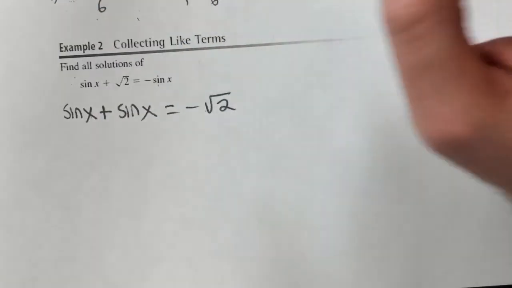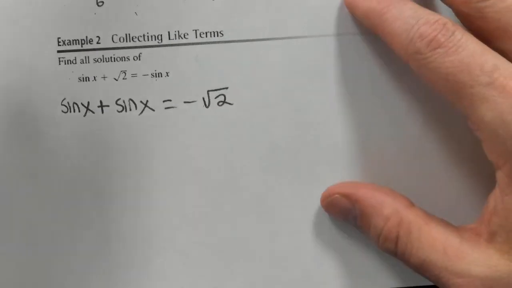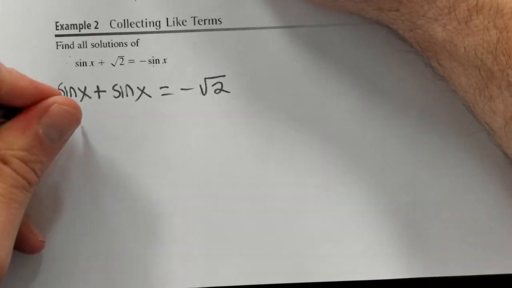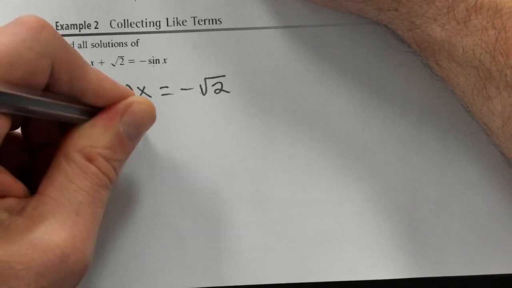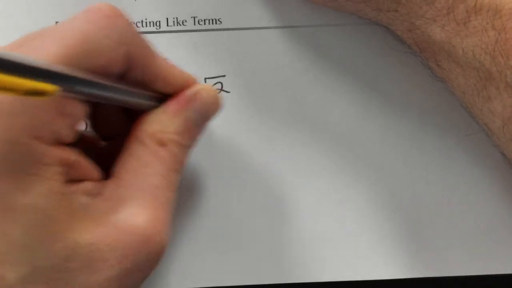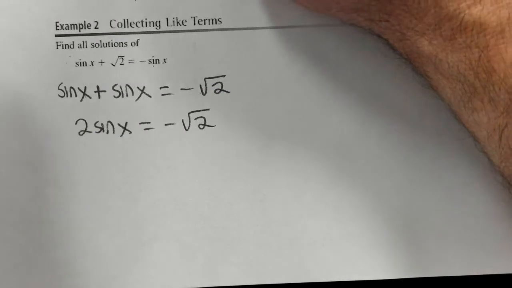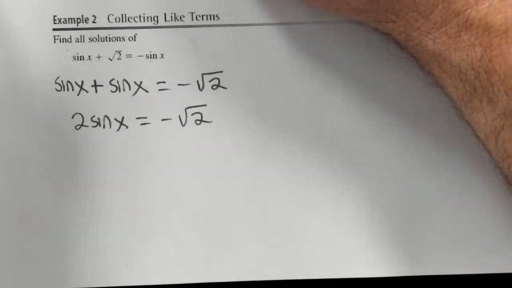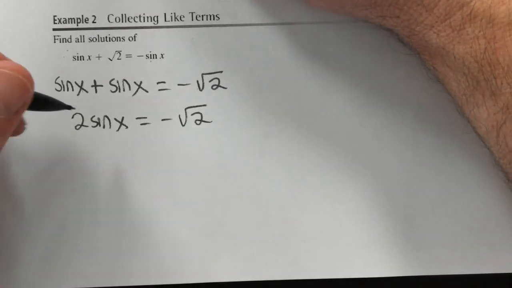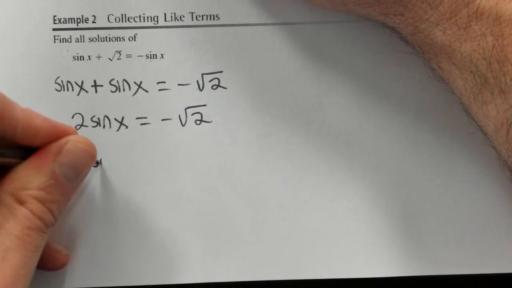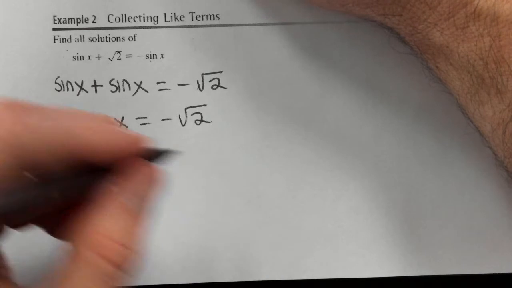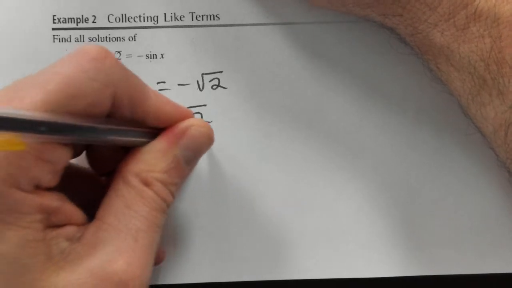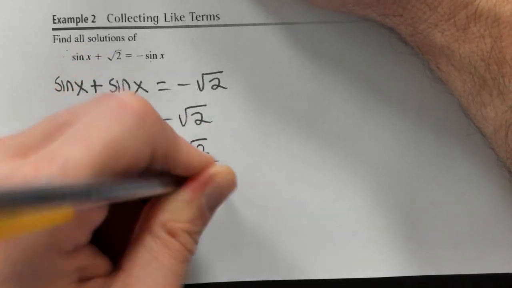All right? So from here, I can add those together and get 2 sine of x equals negative square root of 2. I'm still trying to isolate the x, so I need to divide both sides by 2, and we'll get sine of x is equal to negative square root of 2 over 2.